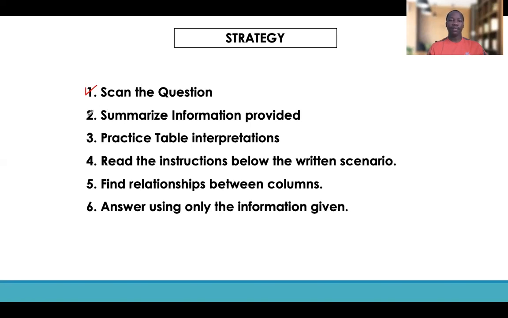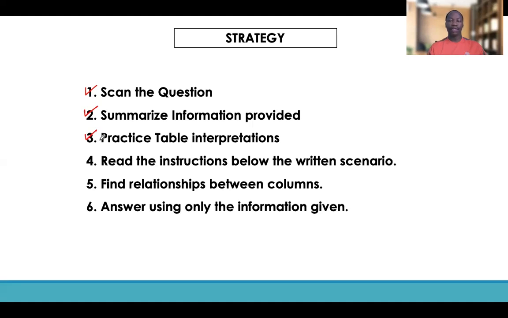Secondly, summarize the information provided, be it in the paragraph or if you're given a table or whatever the examiner has provided for you. Just take a quick scan of that question, summarize that information, and have a picture of what information is being communicated to you. Then thirdly, practice table interpretation, or develop the skill of analyzing a table.